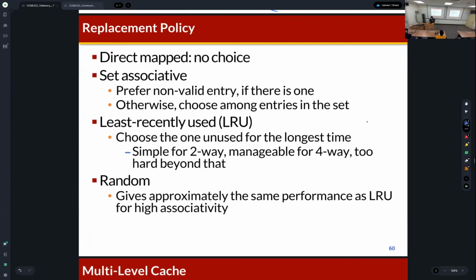If we use the direct mapped cache, we do not have any choices for the replacement. It is because in the direct mapped cache, one set can only store one block.